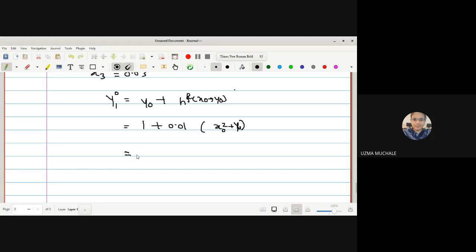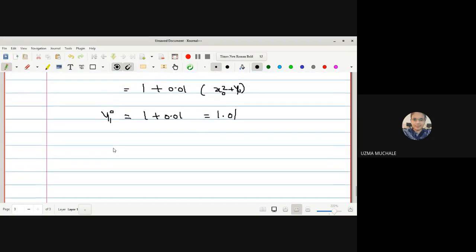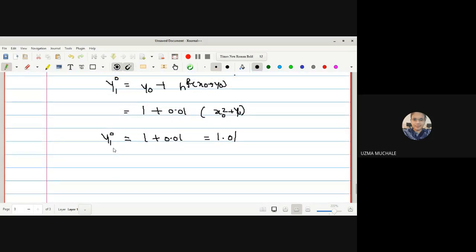What is the value of x naught? It is 0. 1 plus 0.01, y naught is 1. So we will simply get 1.01, the value of y1 raised to 0. And if we get y1 raised to 0 from Euler's method, then we can proceed to find out the next values, that is y1 raised to n plus 1, using Euler's modified method.